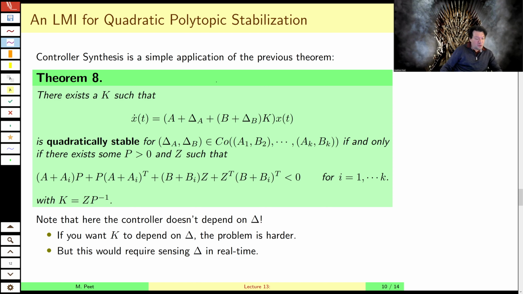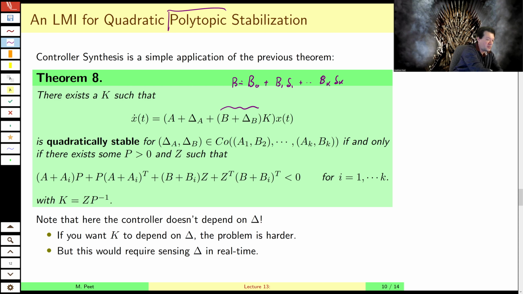All right, so now that we're here, everything else really just falls into place relatively quickly. So for example, if you want an LMI for robust stabilization, here we're going to add some uncertainty to our B matrix, right? So again, we have B equals B naught plus B1 delta 1 plus up to BK delta K. Again, this is the polytopic case.